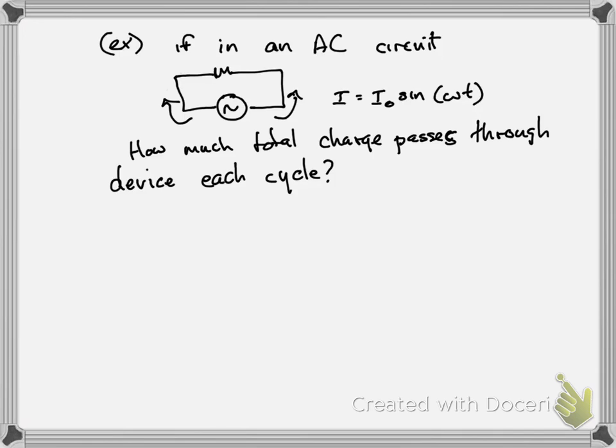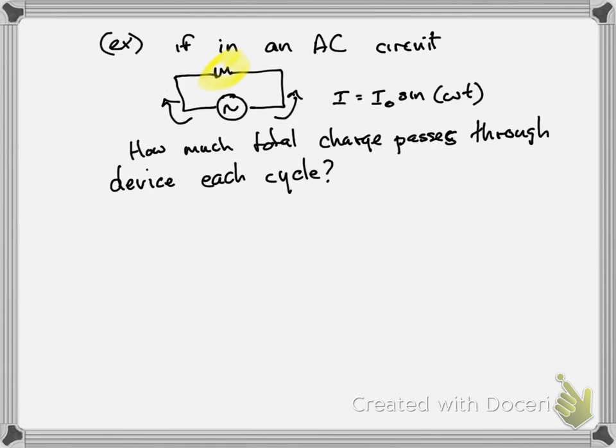And ask how much total charge passes through the device, meaning the resistor here, which might be a lamp or whatever, for each cycle of current, because the current is alternating.